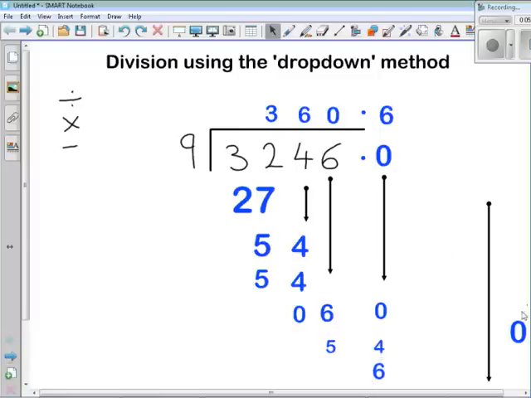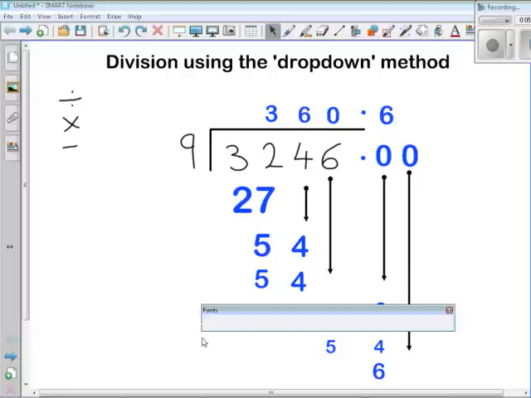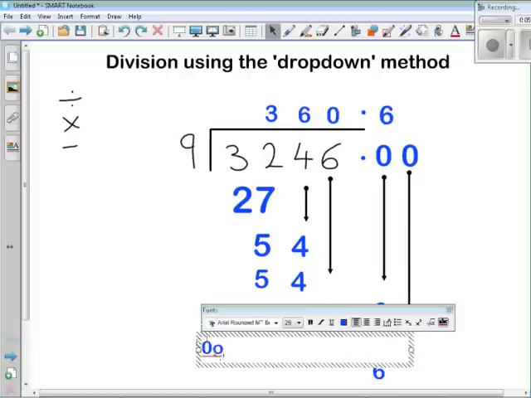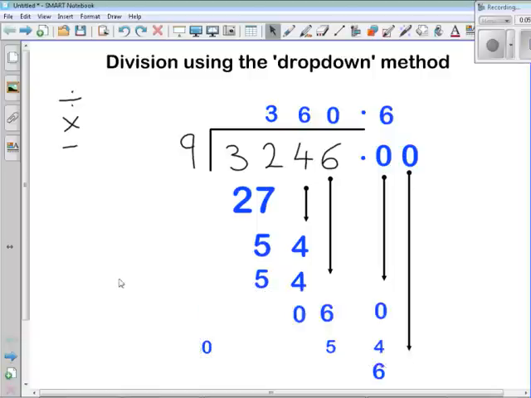Now once again, I've got no numbers to drop down, so I need to add a 0. Once I've added that 0, then I'll be able to drop that 0 down. So let's grab us another 0. Okay, we've got another 0 now.